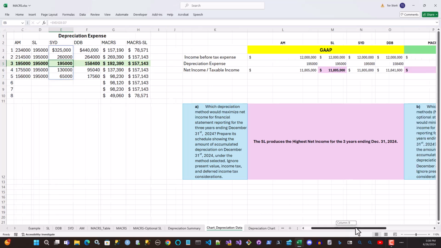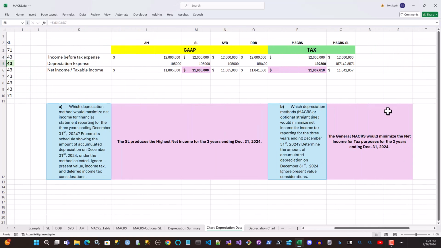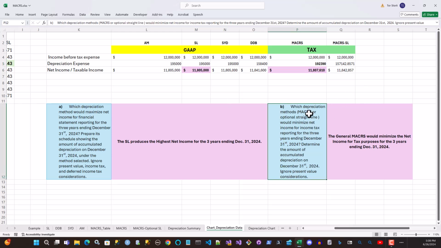Now, what about for tax purposes? You want to minimize your taxable income. Well, the question therefore becomes, which depreciation method, the MACRS or the optional straight line, would minimize the net income for income tax reporting? Well, it's pretty obvious. If you're using a double declining balance method, you're taking a bigger depreciation expense, and therefore you lower your taxable income more.